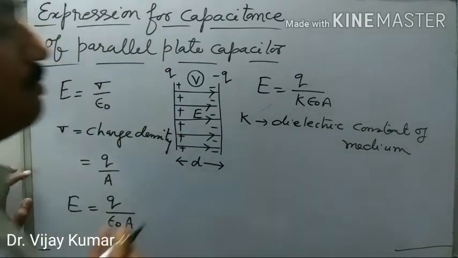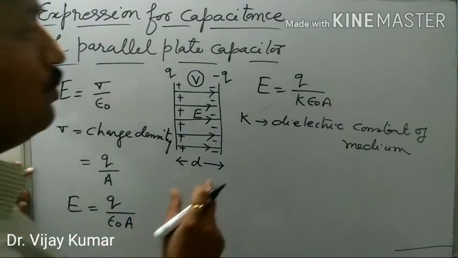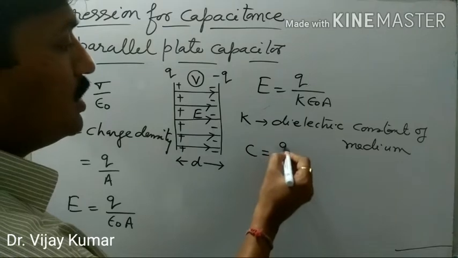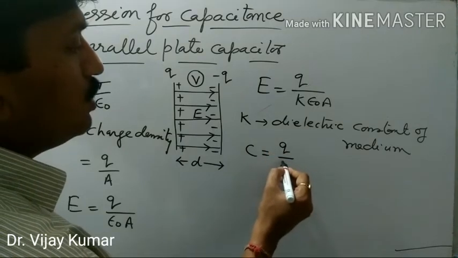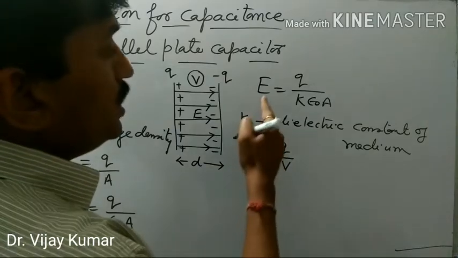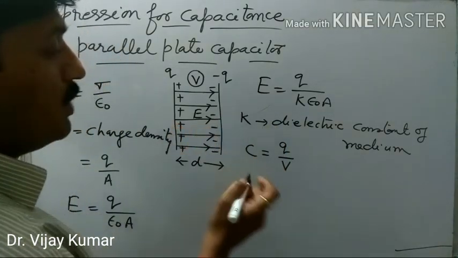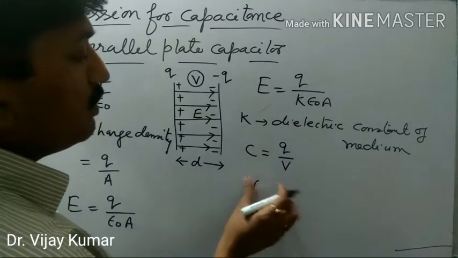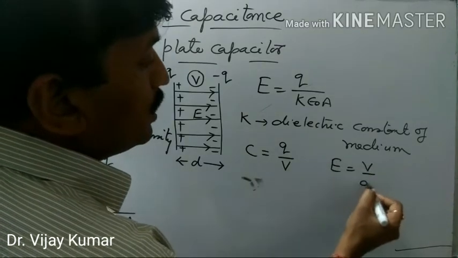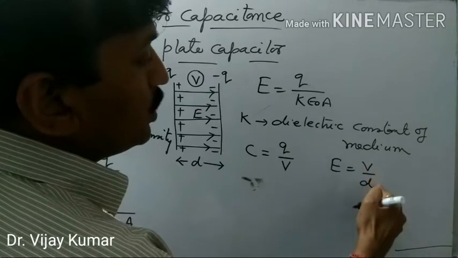Now we know that the capacitance of this capacitor should be C equal to Q upon V. And V between these two plates, we know that the electric field is V upon d, voltage per unit distance.